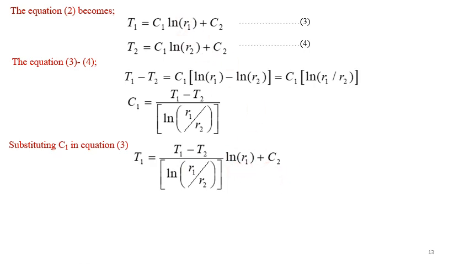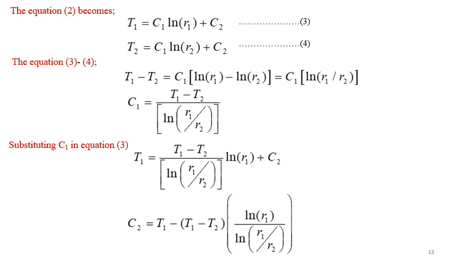Rearranging, C2 is equal to T1 minus (T1 minus T2) into ln r1 divided by ln r1 by r2.